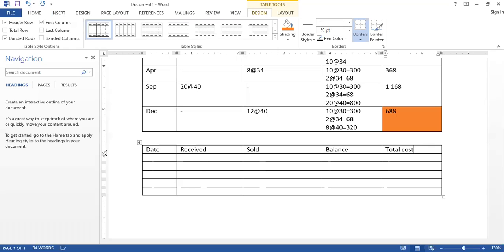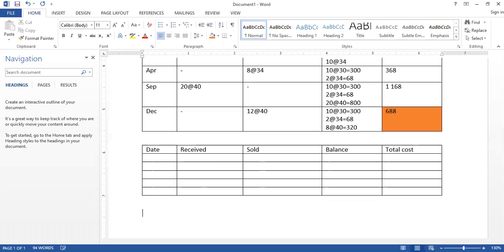Okay. So with average cost, we said that we value our inventory using the average cost. To calculate average cost, average cost equals total cost divided by total number of items.